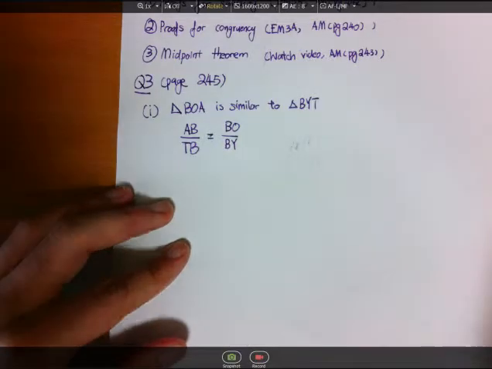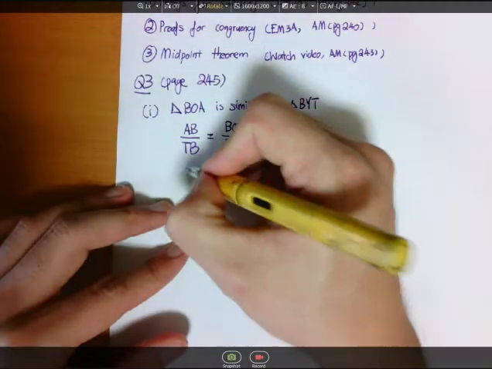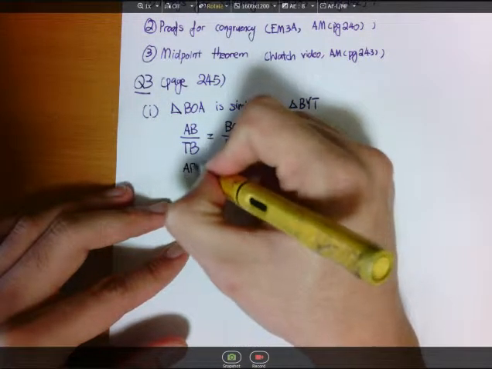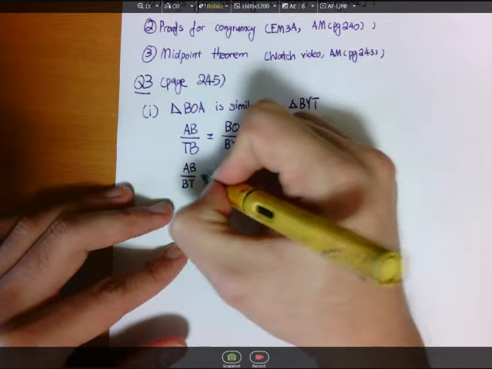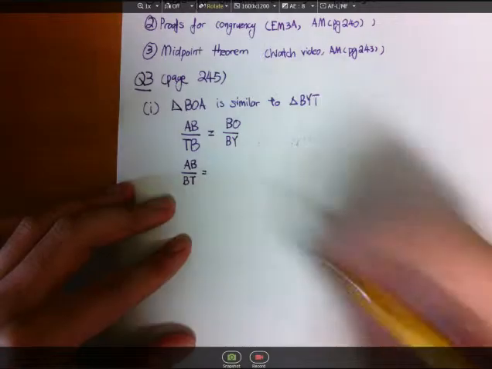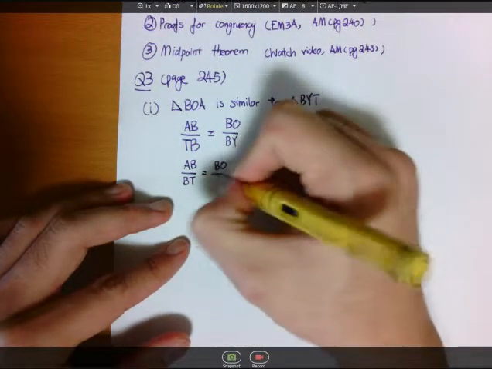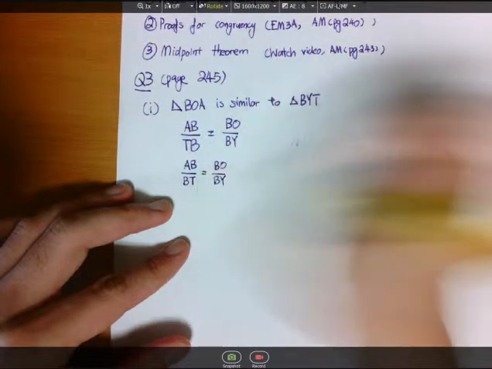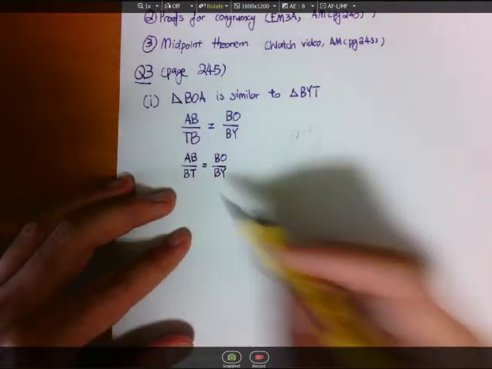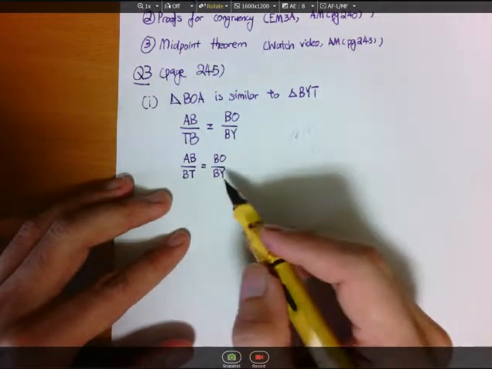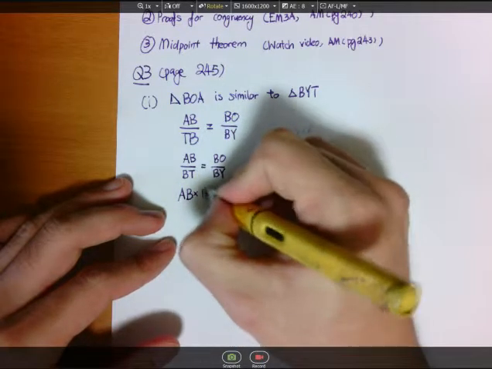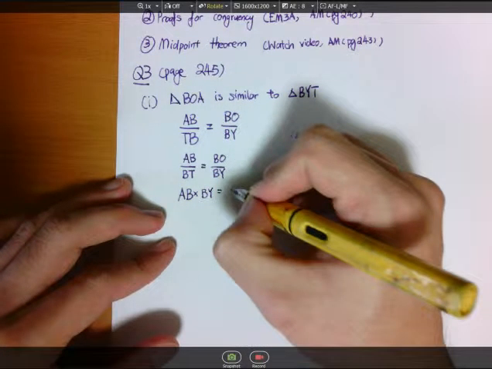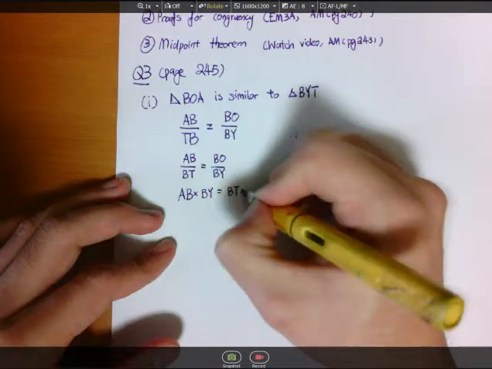So now we just have to rearrange. AB over BT, we write it in the form that the question wants, is equals to BO over BY. Then we have to rearrange. Now we multiply both sides by BT and BY. So what I get is AB times BY is equals to BT times BO.